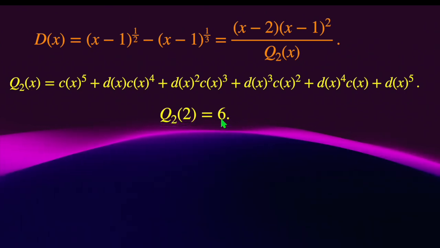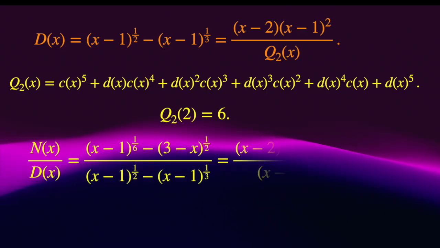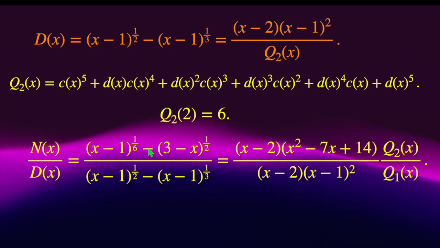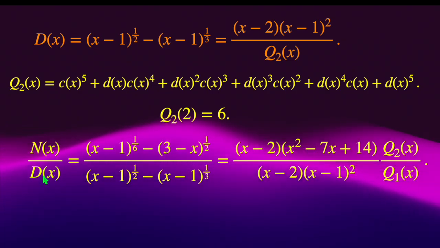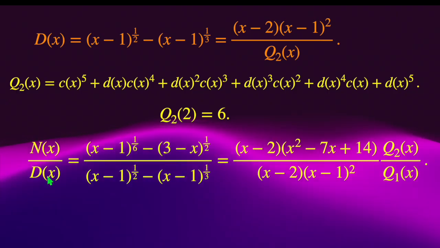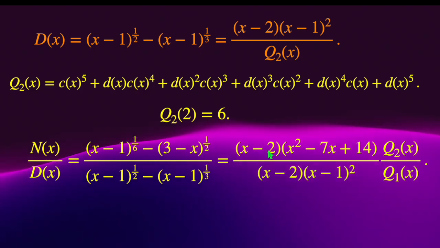So now we have almost done, because our expression is the quotient of the numerator and the denominator, and this quotient is a rational fraction, and now we can simplify by x minus 2.